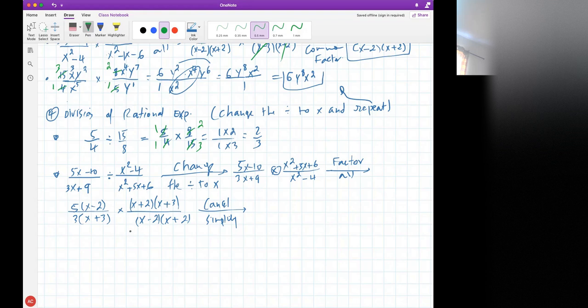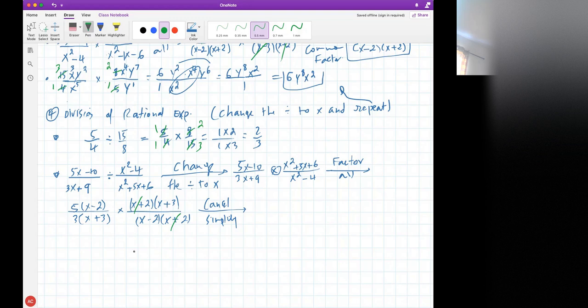Can we reduce anything within the second fraction? X minus 2 from the top and the bottom. Or within the same fraction here, can we reduce anything? X plus 2, that's right.